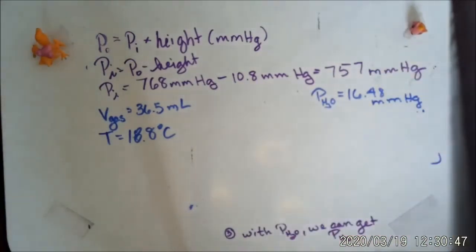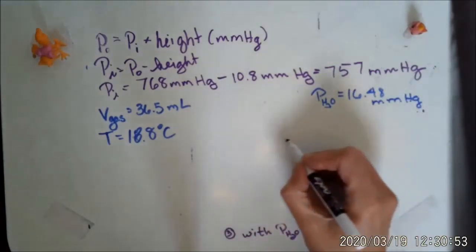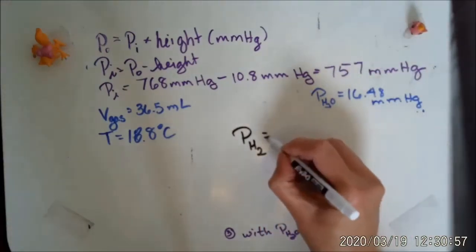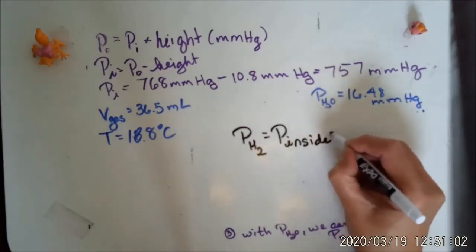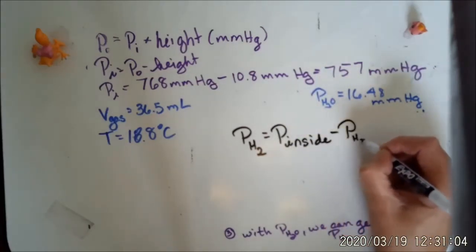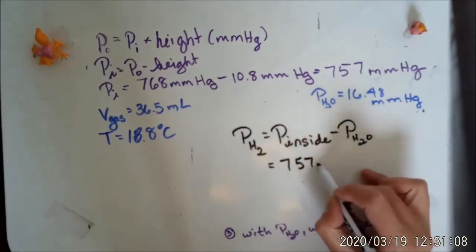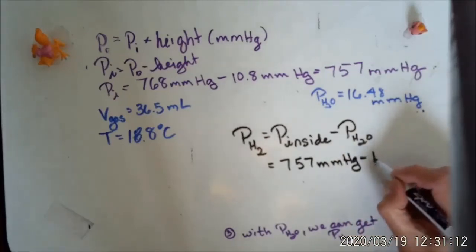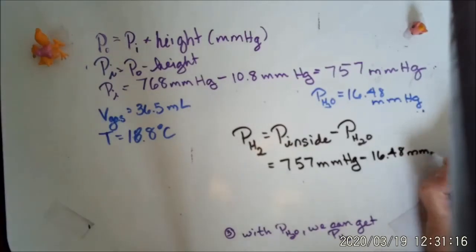The pressure of the hydrogen gas is going to be the pressure inside the tube minus the partial pressure of water. So it's going to be 757 millimeters mercury minus the 16.48 millimeters mercury.